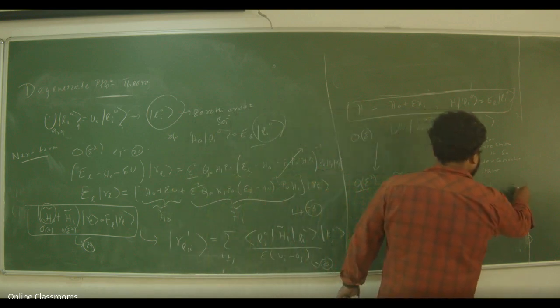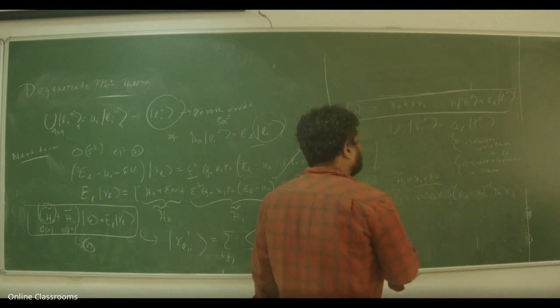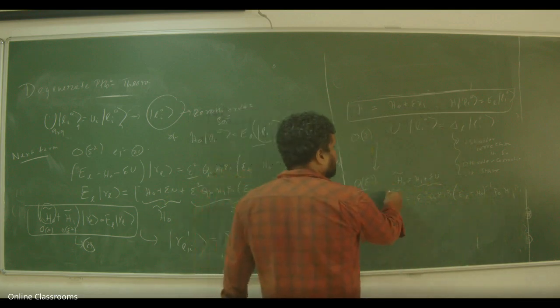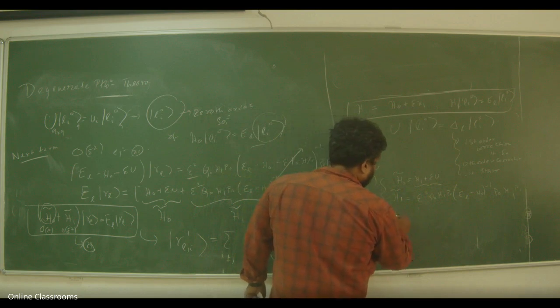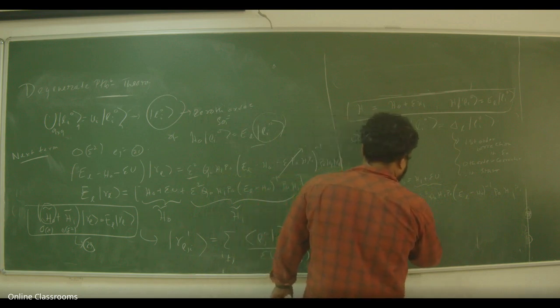Actually, ideally, you should write it with another P0. So this is the first order. You have to solve this and calculate up to first order.